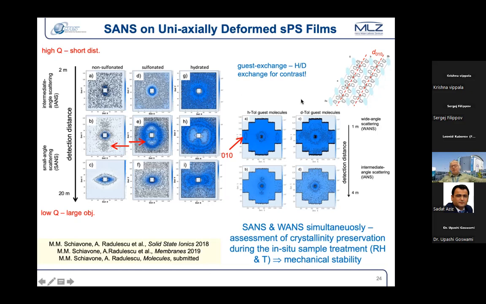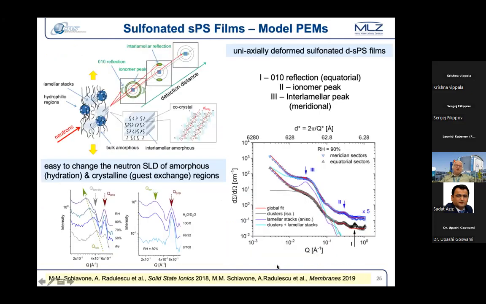That's why with deuterated guest molecules and a deuterated polymer matrix, there is no contrast, no 010 reflections visible, and no interlamellar peak visible. So the conclusion is that combining SANS and WAXS simultaneously helps the assessment of crystallinity preservation during in situ sample treatment, relative humidity and temperature, and of the mechanical stability of the membrane.